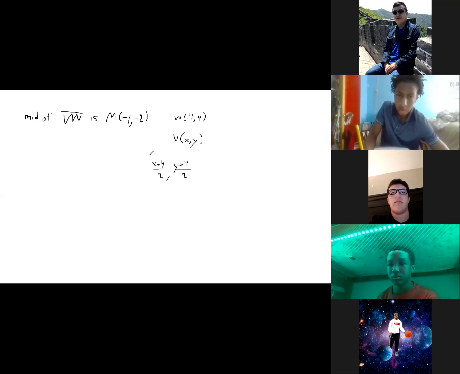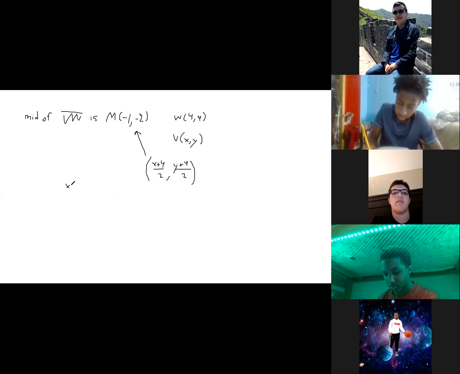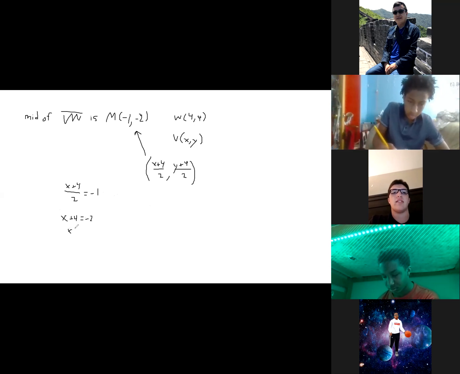But whatever these 2 points are, they have to be the same as the 2 points over there. Now you could solve for x and y. x plus 4 over 2 is equal to negative 1. So x plus 4 equals negative 2, and x equals negative 6.